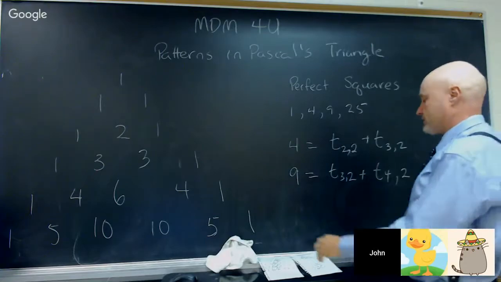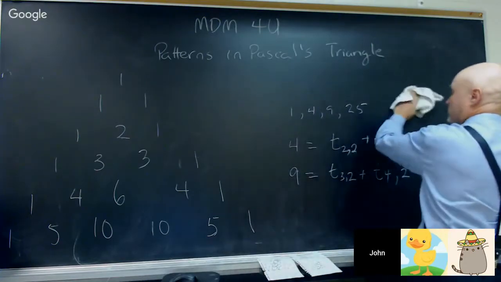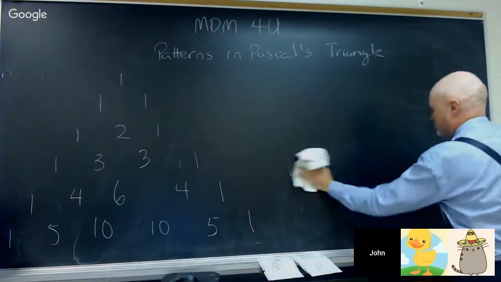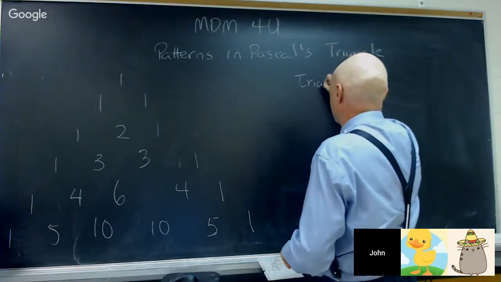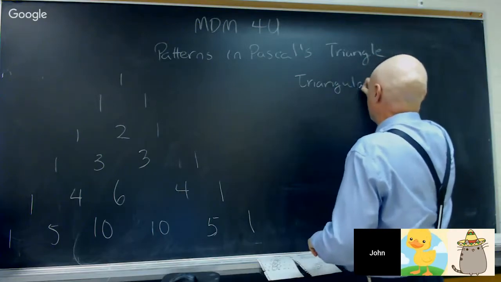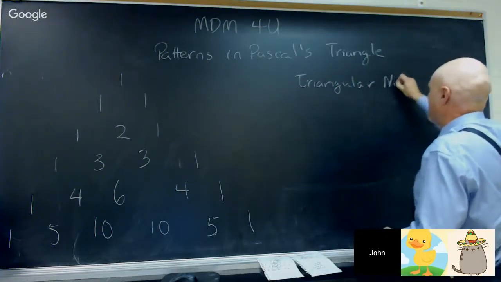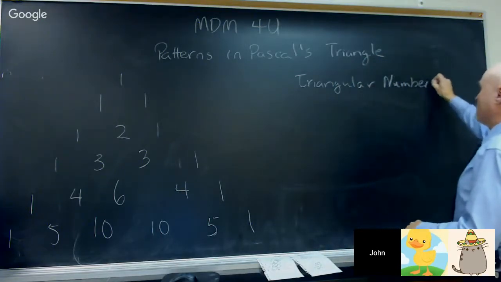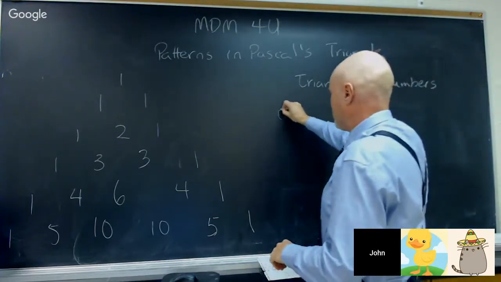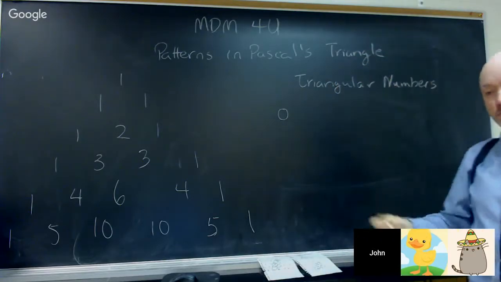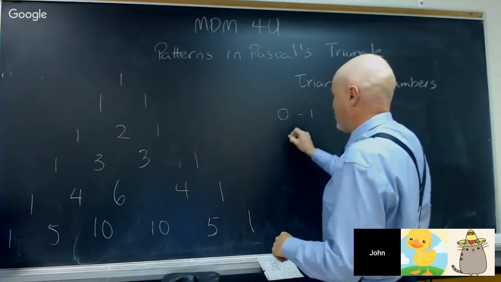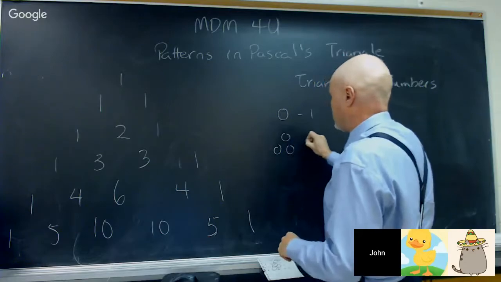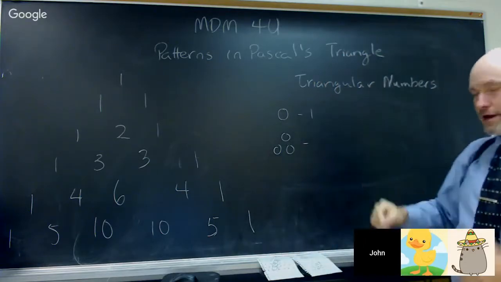Okay. The second pattern we're going to look at are the triangular numbers. So the triangular numbers go like this. It's like we're building triangles with little dots. So the first triangular number is 1. Now we're making a second triangle. This time we made a bigger triangle with 3 dots.